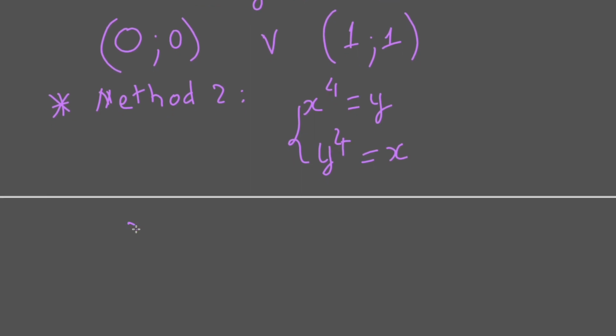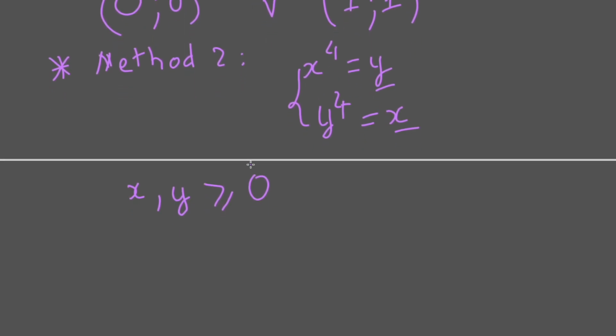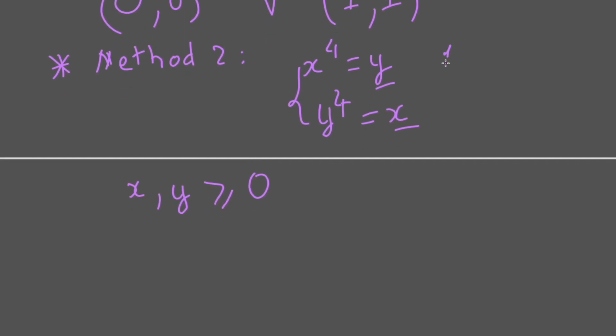It means x and y have to be greater than or equal to 0 as well, because each equals the left side. That's the first thing we can see from the system.